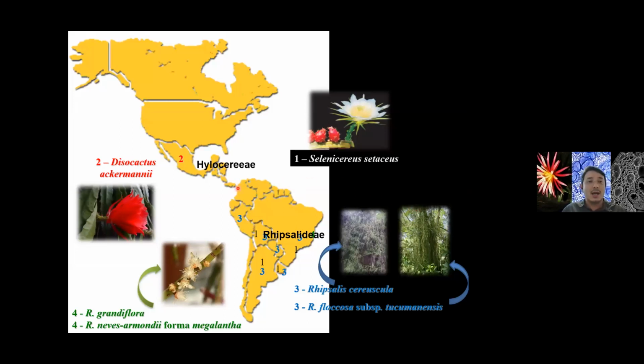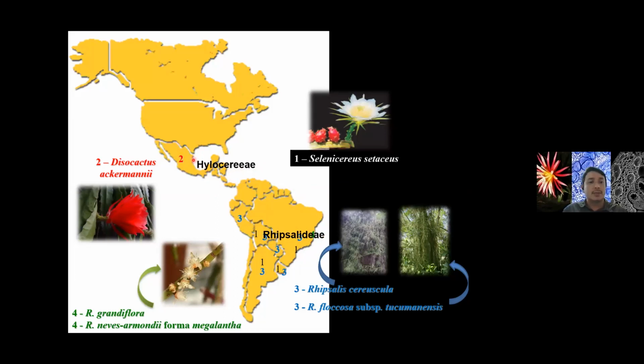The examples I'll try to show you today are about these two tribes that traditionally included epiphytic cacti: Rhipsalideae, which is mostly in South America, and the tribe Hylocereeae, with most of the species in Mexico, Central America, and the Caribbean.